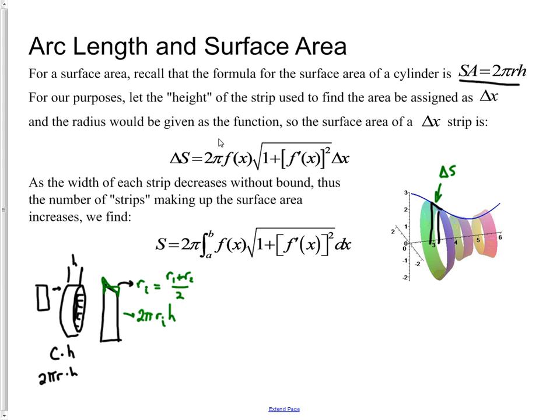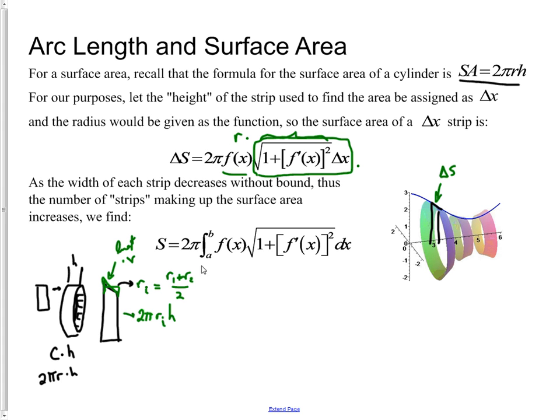We're going to have 2 pi times the radius, and then the length of the curve times delta x right here, right? So each of these things right here, this is the length of that strip, times the radius, times 2 pi.